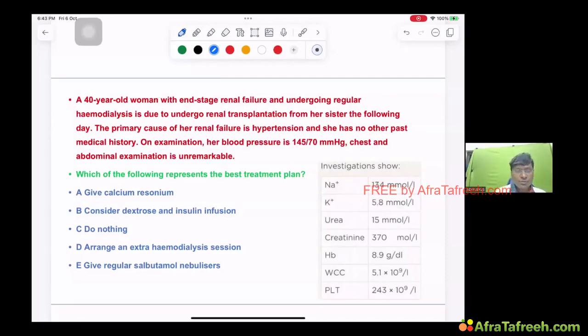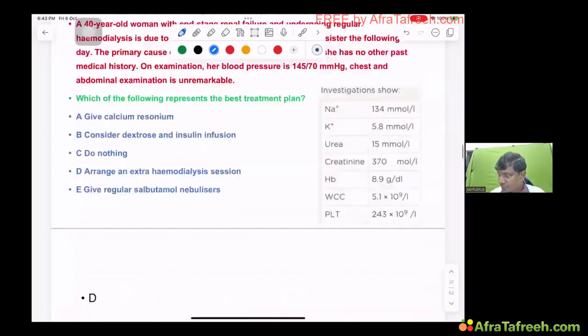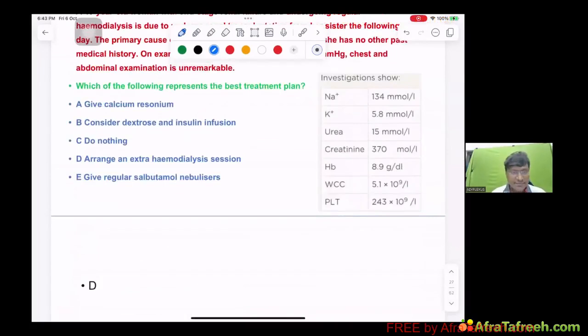The other point is, K plus increased in a case of end-stage renal disease, we need to think of chronic hyperkalemia. So the answer is D, arrange an extra hemodialysis session in this patient. It is not insulin plus dextrose or salbutamol nebulizers.